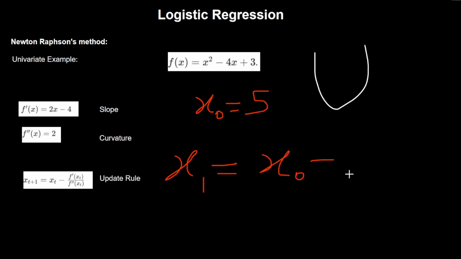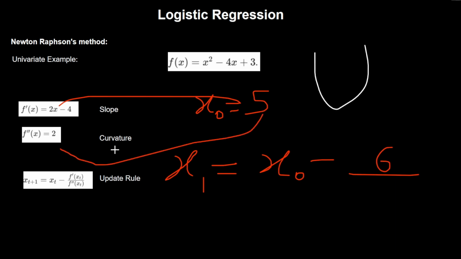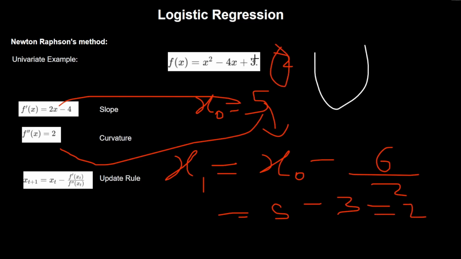What's the value of the slope? If we substitute 5 here, we will have 6. For the curvature, we cannot substitute, it's just a constant, so we will have only 2. So we have 5 minus 6 by 2, which is 3. You'll have 2. So we got the original solution 2 in a single step.